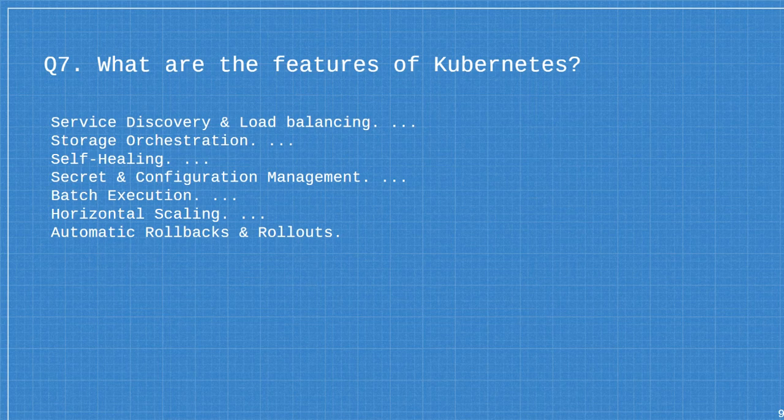Here we have ConfigMaps and Secrets, with which we can manage things much more systematically. Also batch execution, horizontal scaling, automation, and automatic rollouts and rollbacks. Doing rollouts and rollbacks is very easy compared to doing deployment and rollback directly under Docker. So I think we are clear with that.